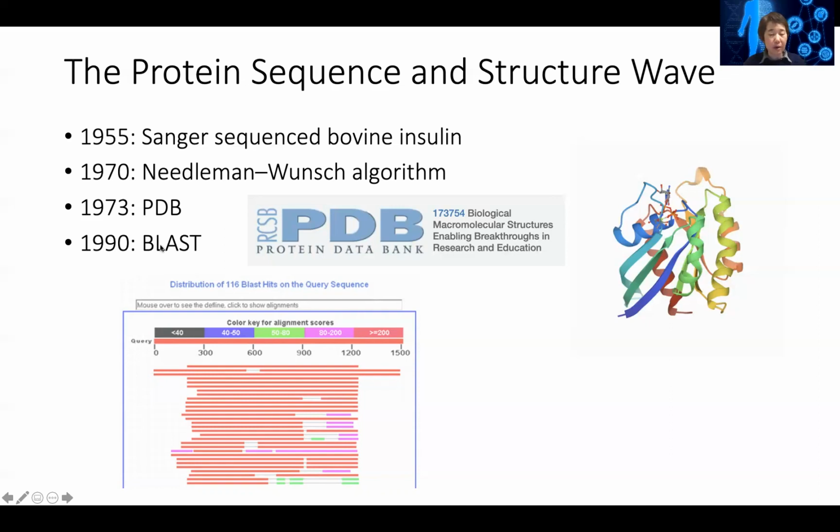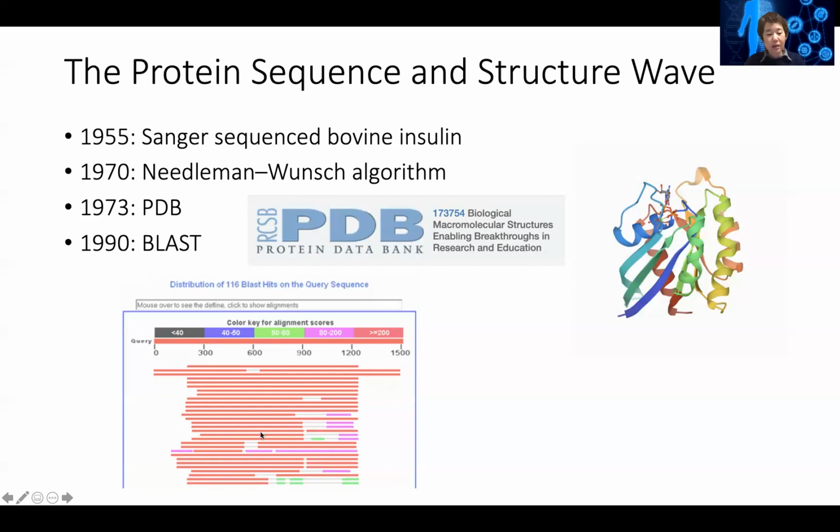If you have a query sequence of your new protein, you can enter it into this database and run an algorithm called BLAST, which will tell you all the hits, previous sequences that might be similar to your query of interest.